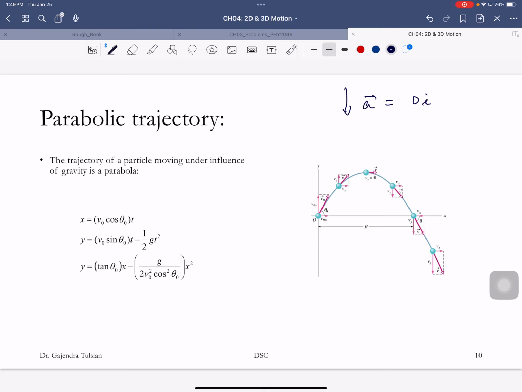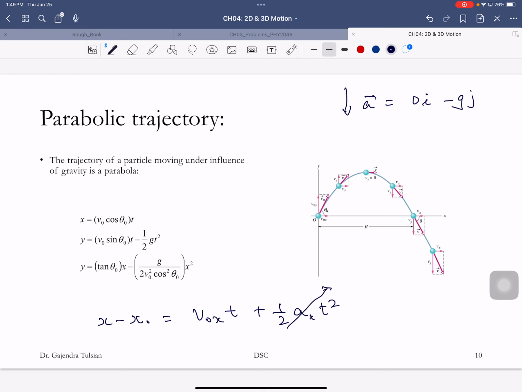which is 0 i minus g j. And so for instance, if you look at the x component of the motion, x minus x naught equals v naught x t plus 1/2 ax, acceleration in the x direction, t squared. This guy is 0, so that term is gone.